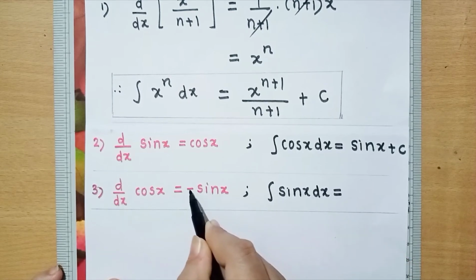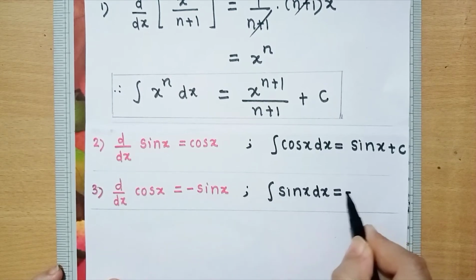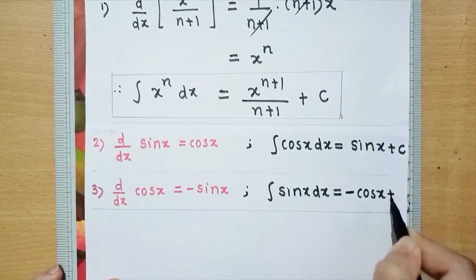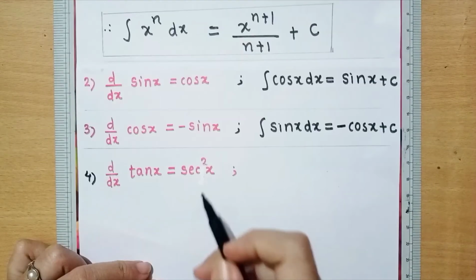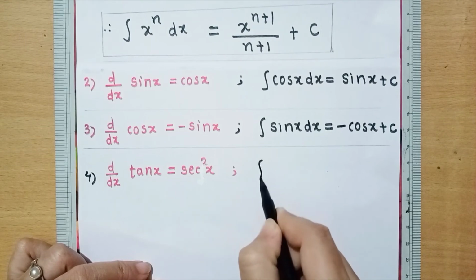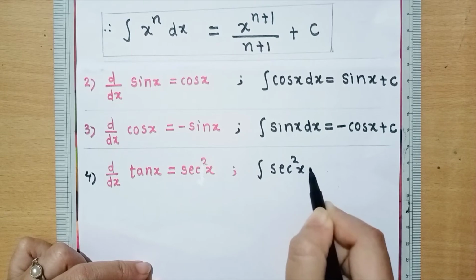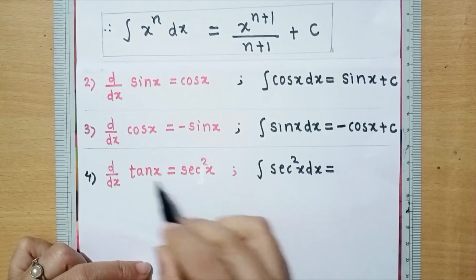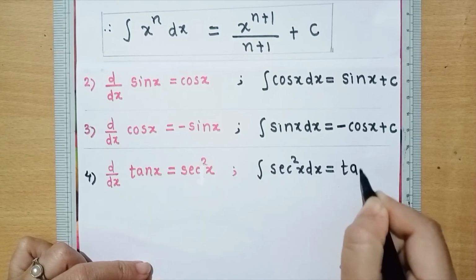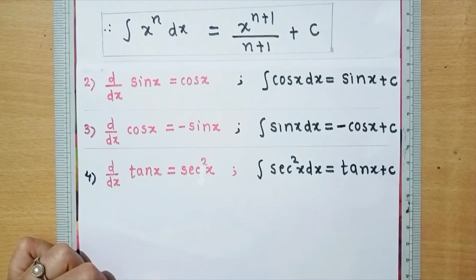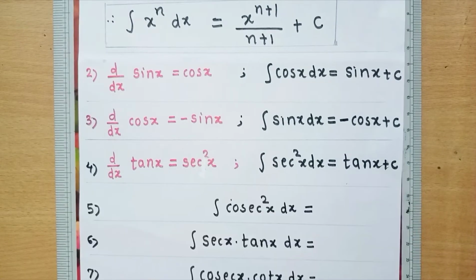Move this minus sign there, so minus cos x, then write down plus c. Next formula from this is integration of sec square x dx is equal to tan x plus c, and in this way we will write down all formulae.